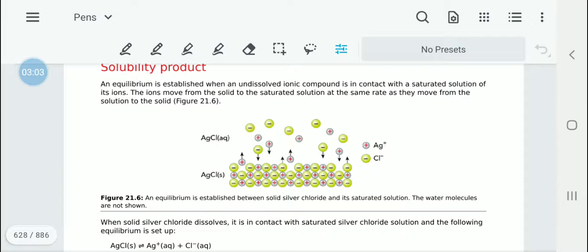Then an equilibrium is going to be established between the undissolved solid and the saturated solution.